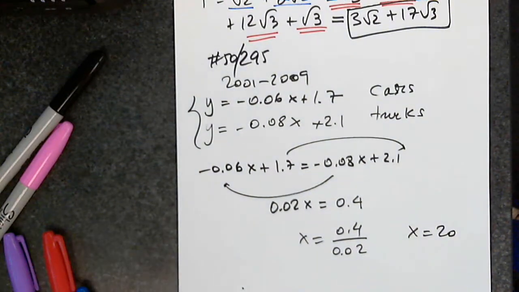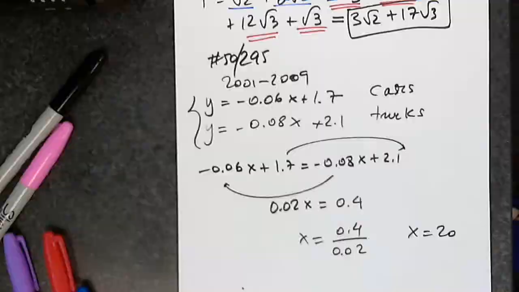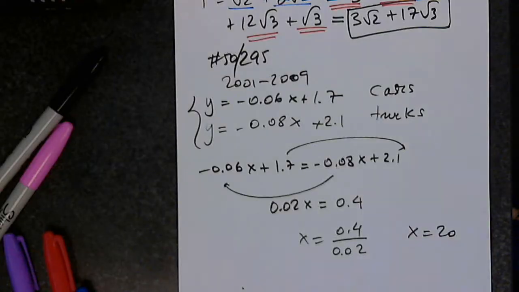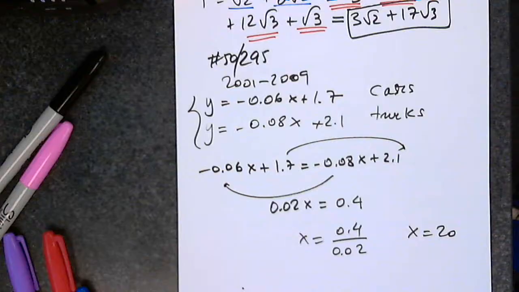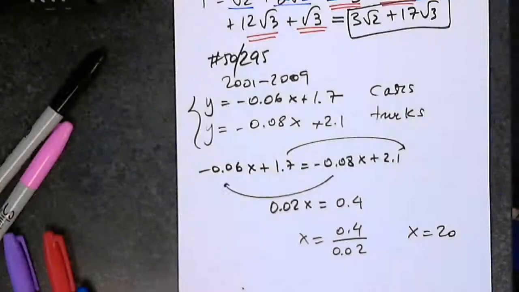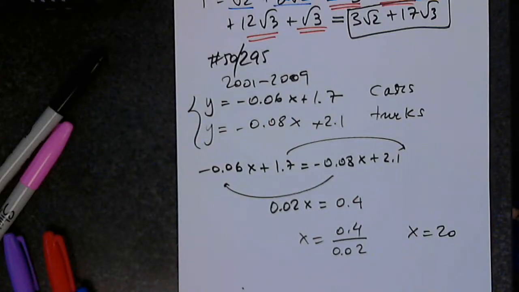So what was x? X represents the number of years between 2001 and 2009. So x is the number of years. So we got 20 years beyond 2001.